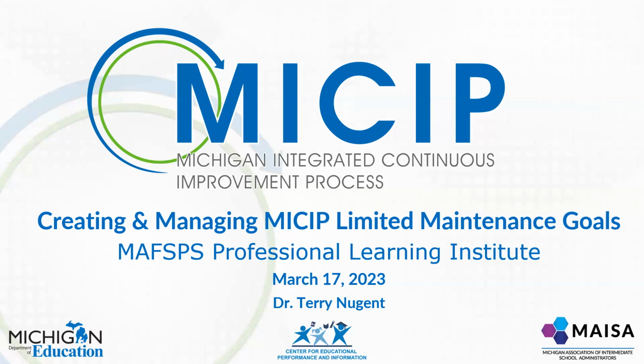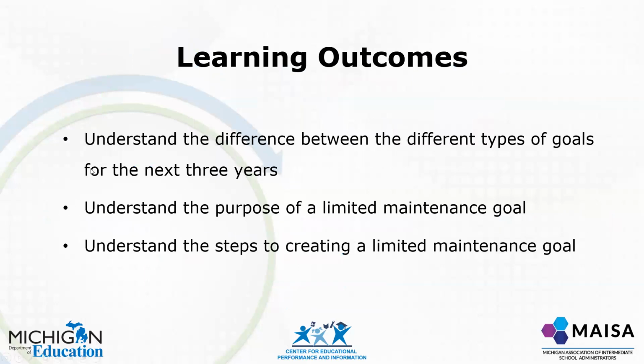You're going to find that it is a very manageable way of getting this goal and strategies and activities into the plan. We're hoping that Nexus is up and running this year, so this will be a huge saver of time. Our learning outcomes today are pretty simple. Basically, we want to understand the difference between the different types of goals, and there will be a few for the next 3 years.